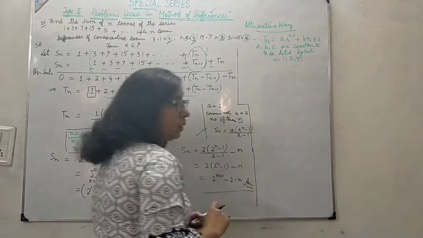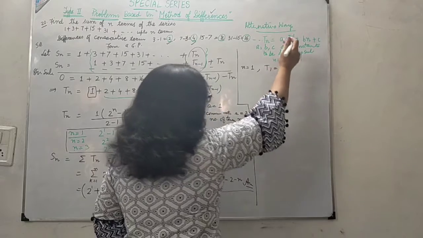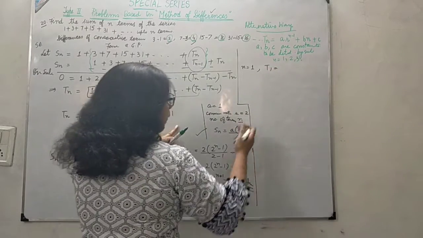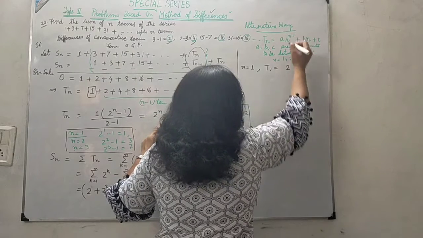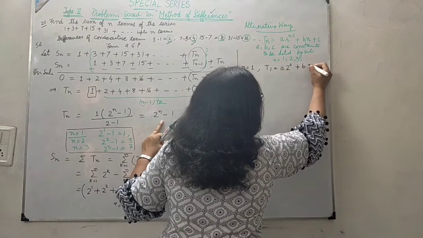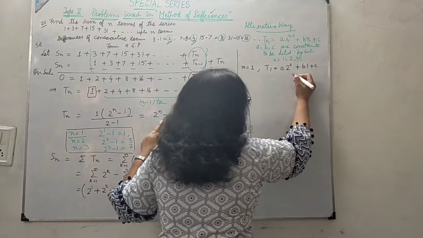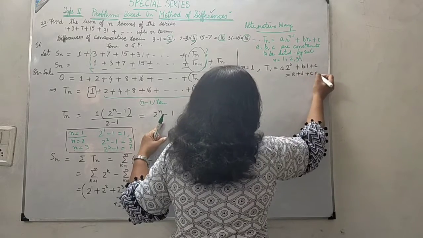So let us take the procedure. Now if n is 1, T1 will become, with R as 2 over here, 2 raised to power 0, so A into 1 plus B into 1 plus C. That means A plus B plus C is 1.